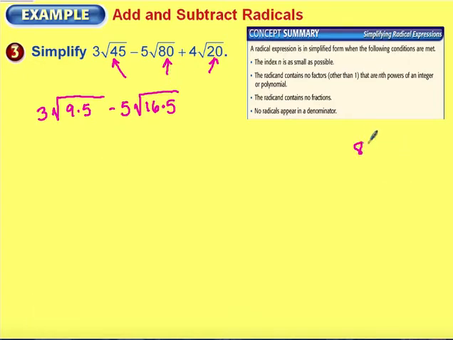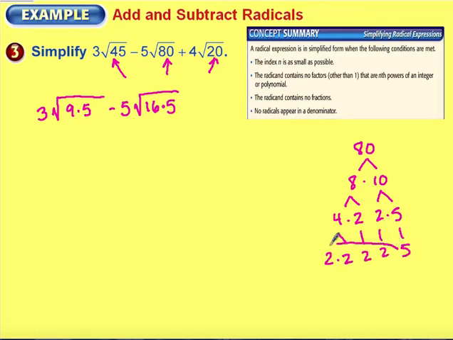So again, if you need to come over here and do a factor tree of 8, you can absolutely do that. And what I can see here is that I have all of these 2's that are going to be able to square root. So 2 times 2 times 2 times 2 is 16, and that is a perfect square times 5.